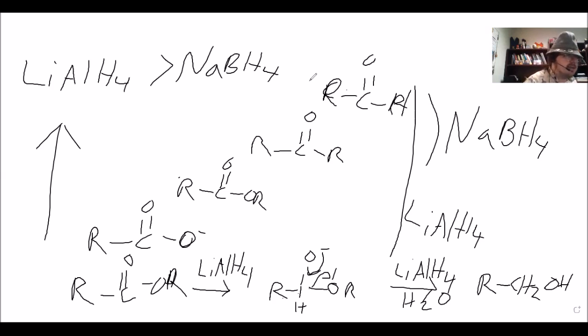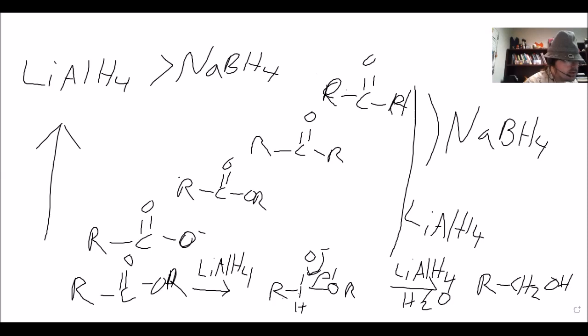So if you added less lithium aluminum hydride, you would not get the intermediate aldehyde. You would simply get less product. You would have less converted ester because of that. So you cannot stop this prematurely. Okay.